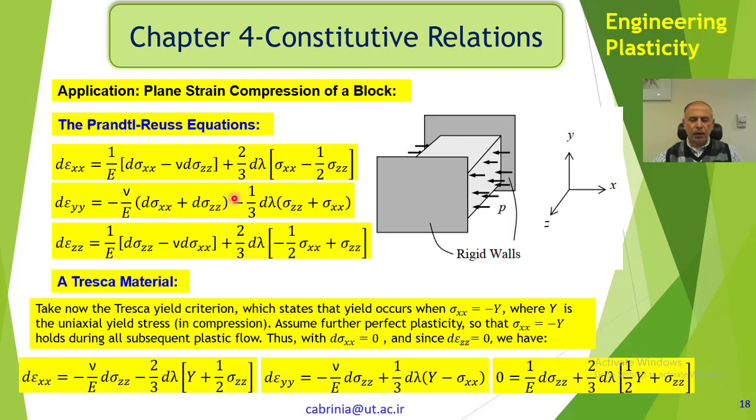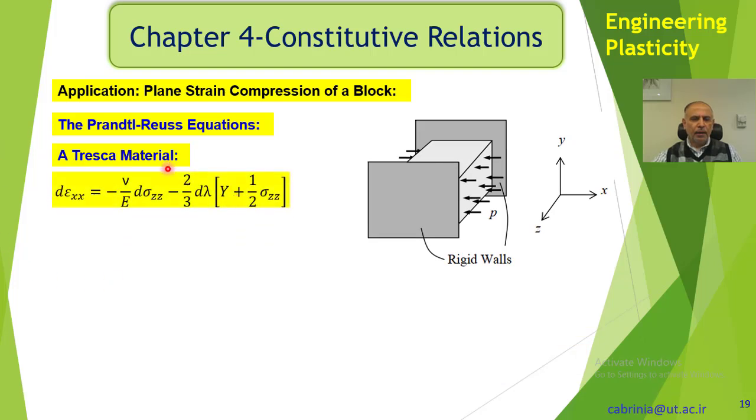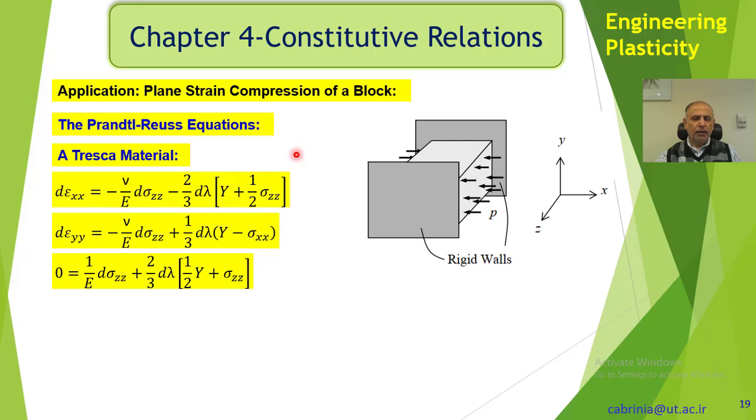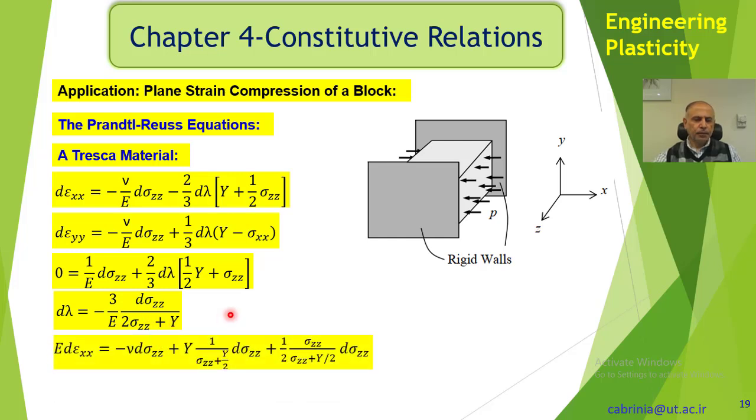So these are the equations that we get, and I have written them here again for epsilon xx, epsilon yy, and epsilon zz, of course, is 0. Therefore, from the last equation here, I can obtain the lambda. Okay, that's the lambda. Rearrange it, we get this one. And I substitute for d lambda in here. So put this in there and there, and I get this equation.